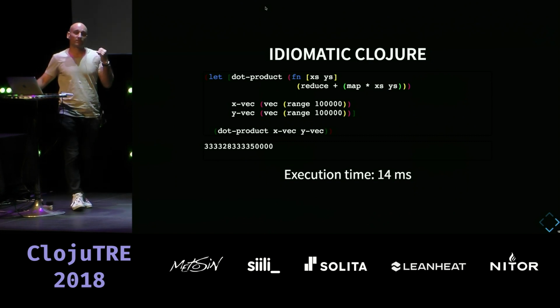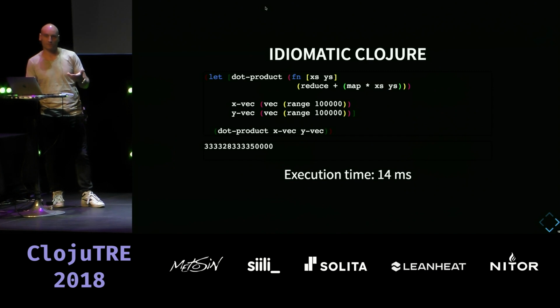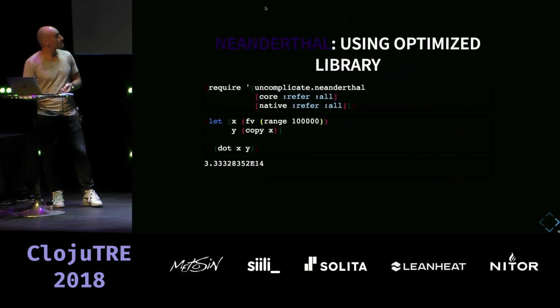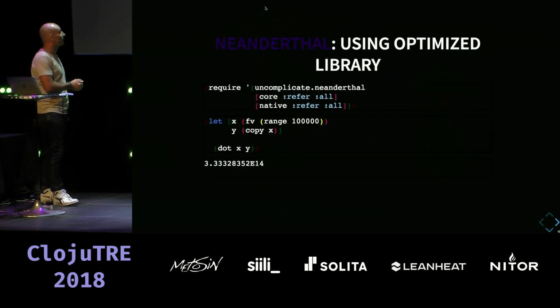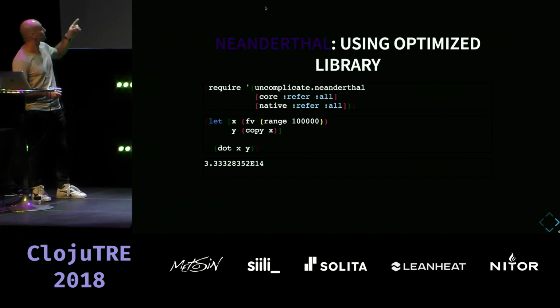But remember that this function is just a building block of larger algorithms. We never need to compute the dot product on its own. So let's try to speed it up. If we use Neanderthal, there is a dot function.